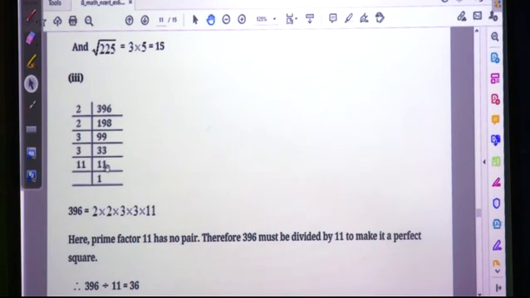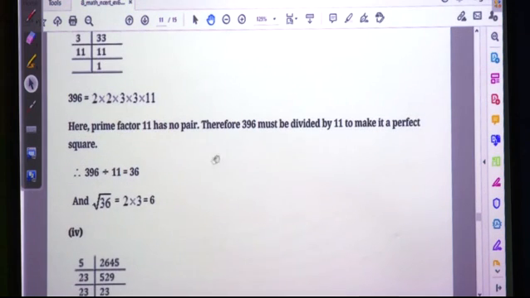Again 3 11s are 33, 11 1s are 11. We can see here 2 is in a pair, 3 is in a pair, but 11 is not in a pair. So we are dividing 396 by 11. We are getting 36. Square root of 36 is 6.